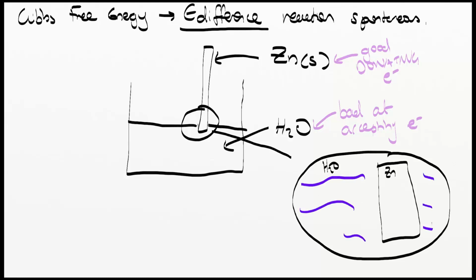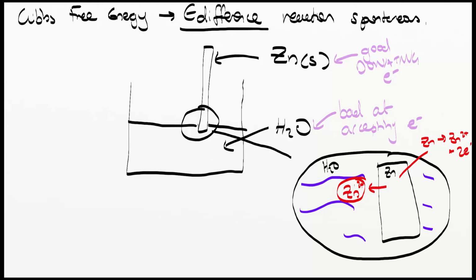What will happen is that the zinc, when it's stuck into water, will immediately donate electrons. So the reaction that occurs is solid zinc becoming Zn2+ plus 2 electrons. The zinc will become a Zn2+ ion, which will be dissolved in the water.